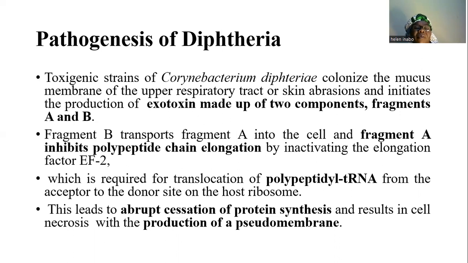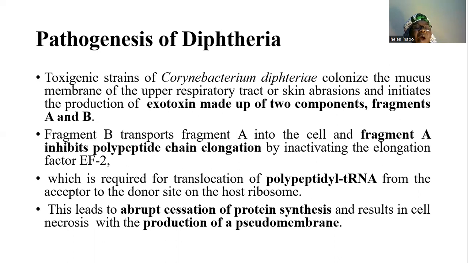And so from the mucous membranes of the upper respiratory tract or the skin abrasions, these toxigenic strains of Corynebacterium diphtheriae can initiate the production of exotoxin, which is made up of two components, fragment A and fragment B. Fragment B is responsible for transporting fragment A into the cell, and fragment A inhibits the polypeptide chain elongation by inactivating the elongation factor EF2.